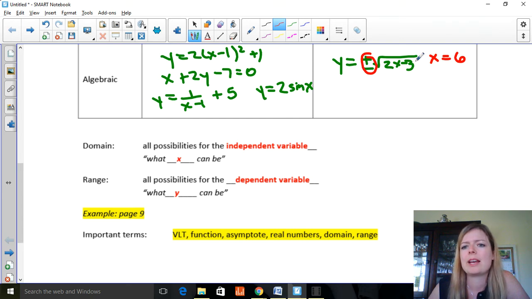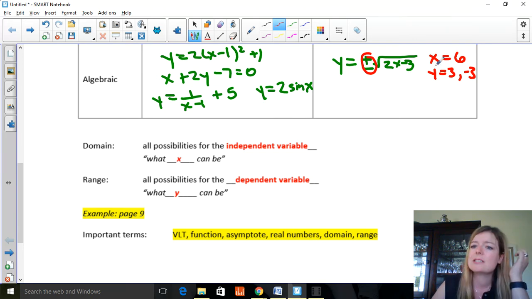So the square root of 9 is 3. But you would also have to take a negative version of that, which is minus 3. So because the x value of 6 yields the value 3 or negative 3, that's not a function.